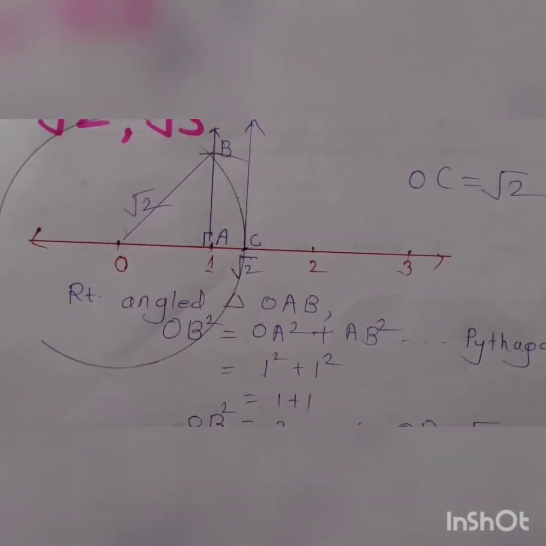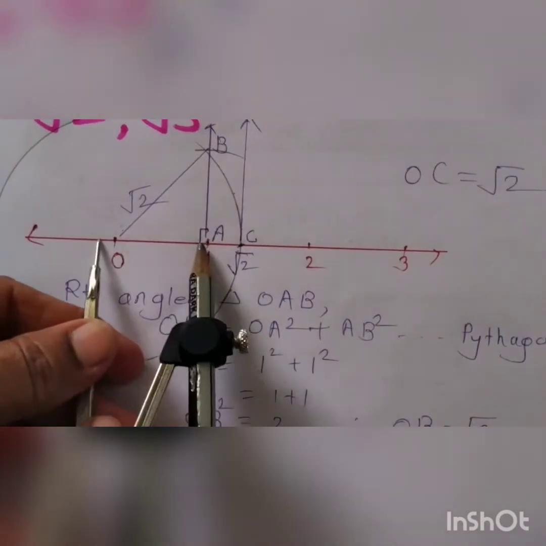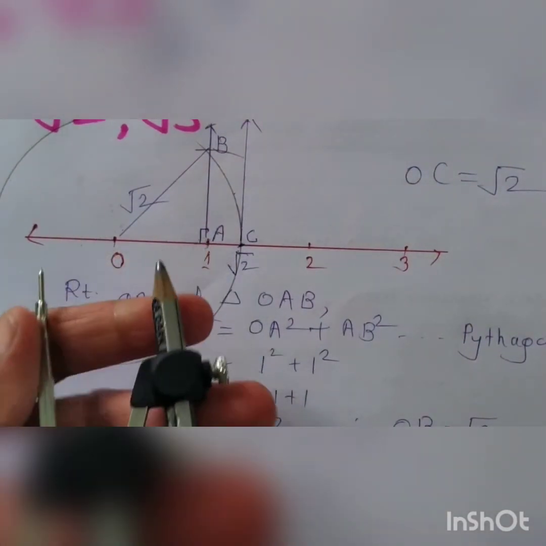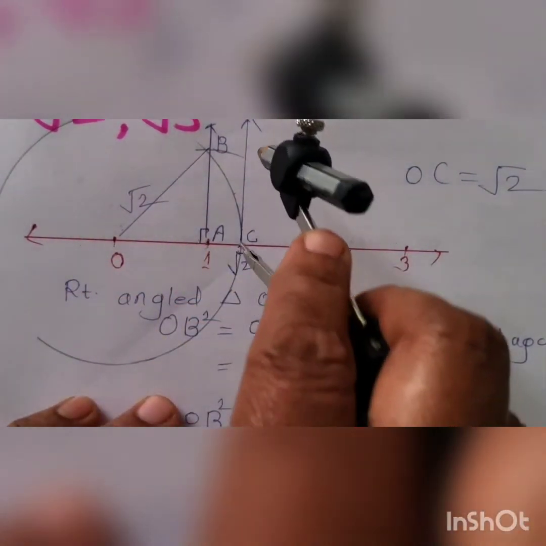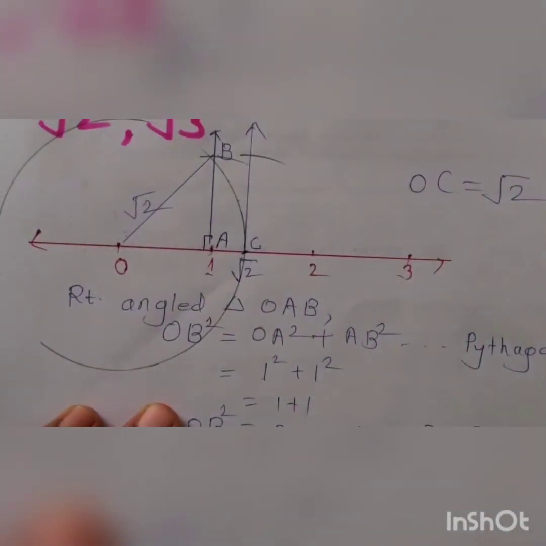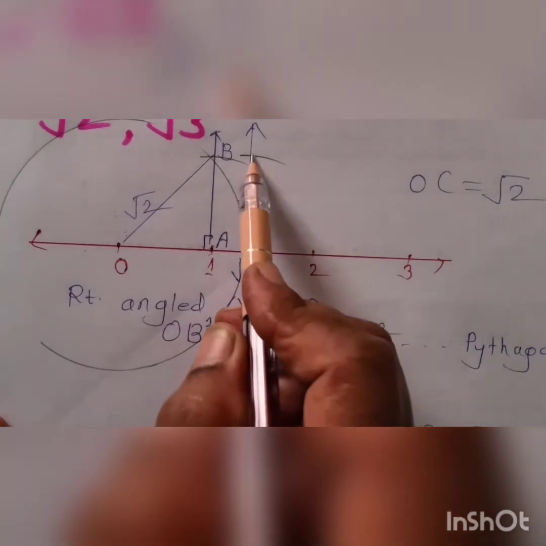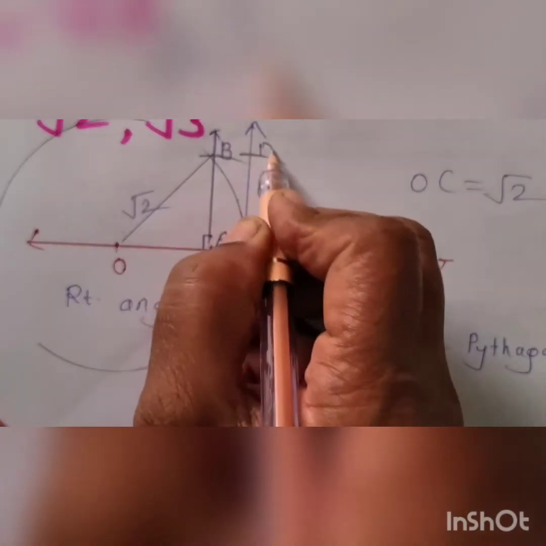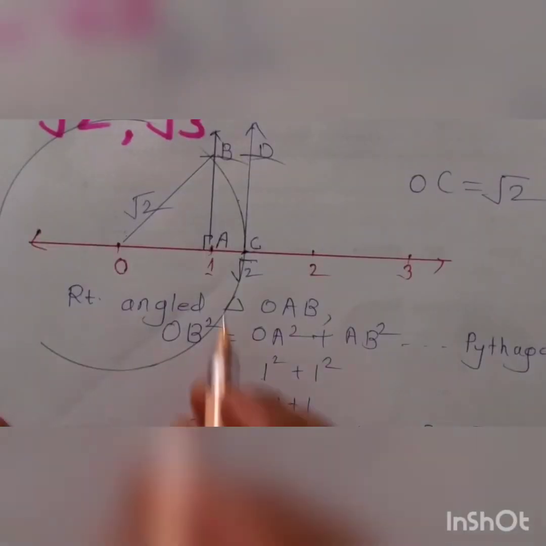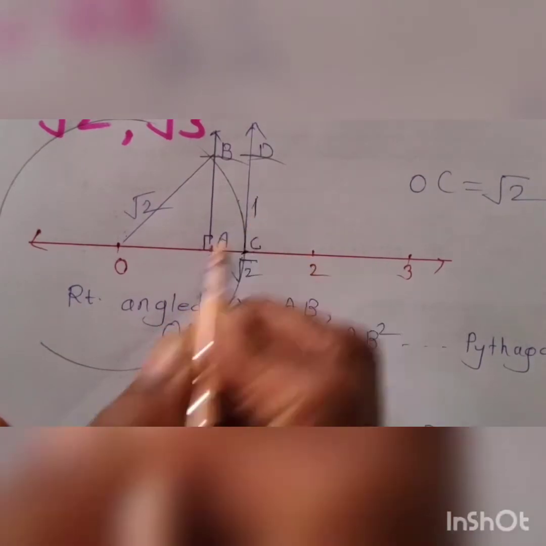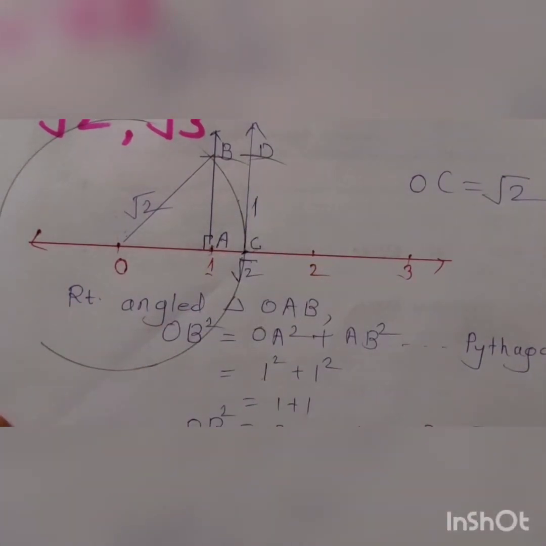Again take 1 unit distance in compass, taking C as center, construct this arc, means this distance, that is CD, it is of the unit 1, means CD is equal to 1 unit.